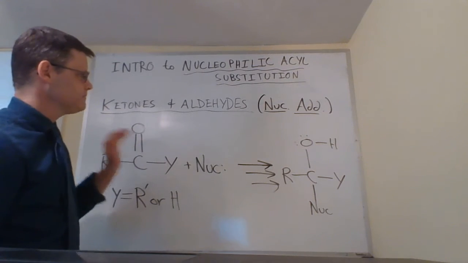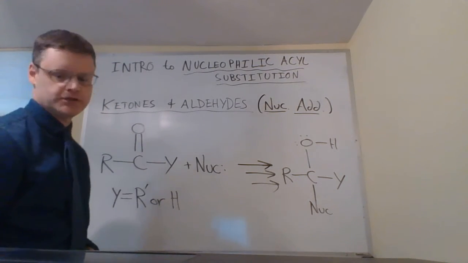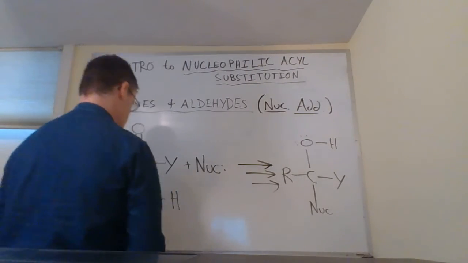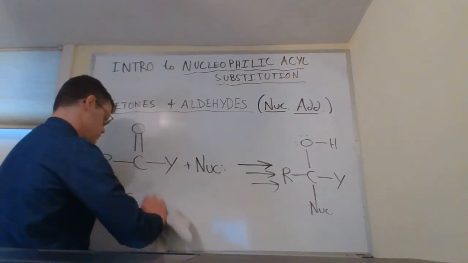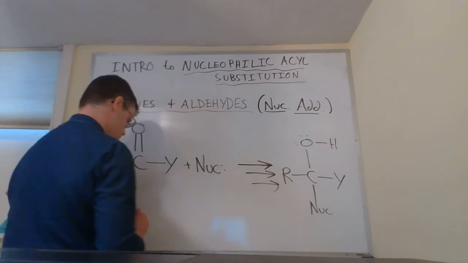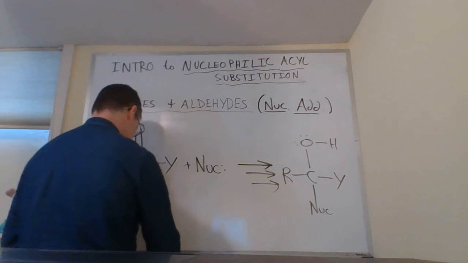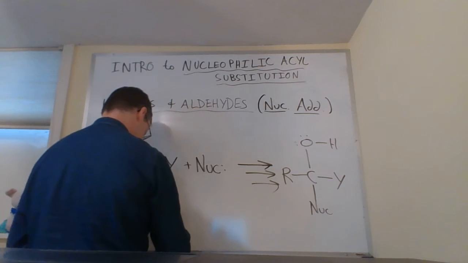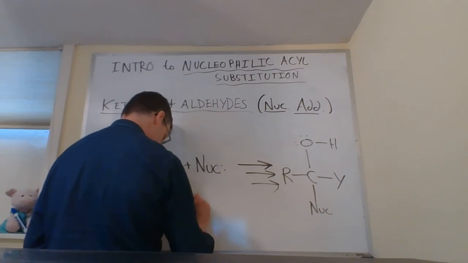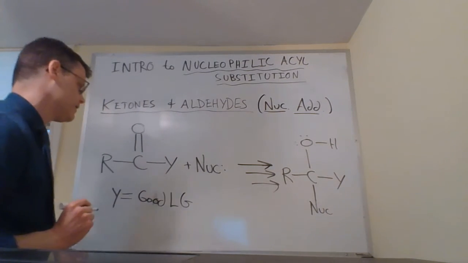Now let's imagine a different situation. We're going to change Y, and Y is going to equal a good leaving group. Or good enough.